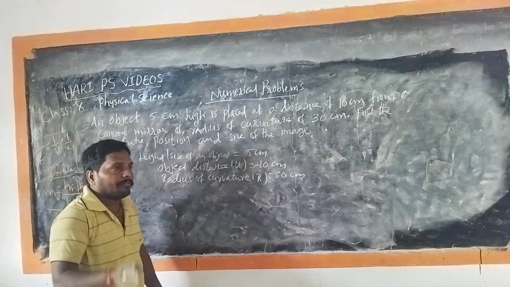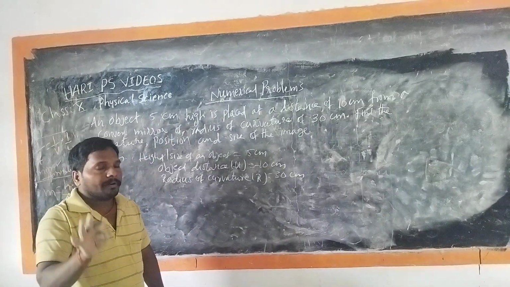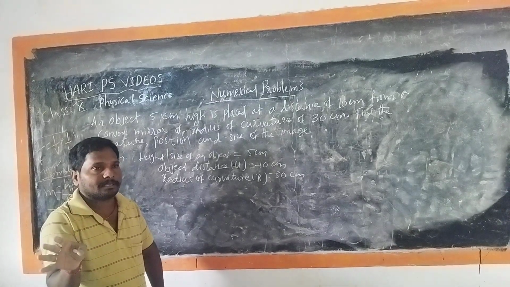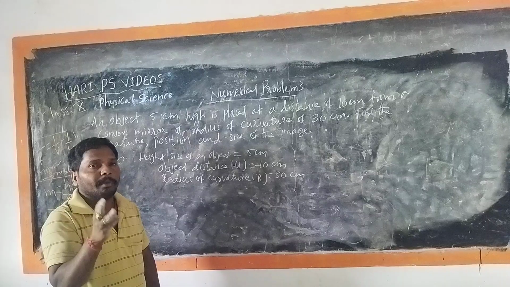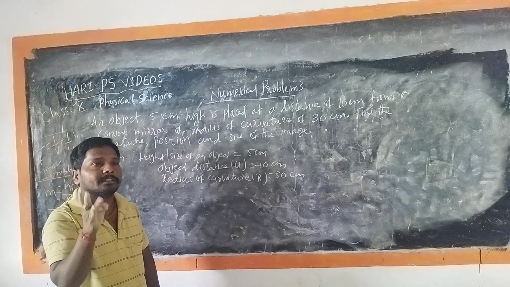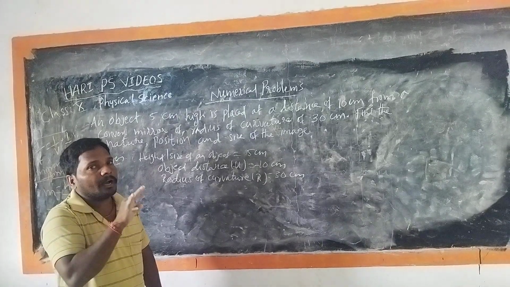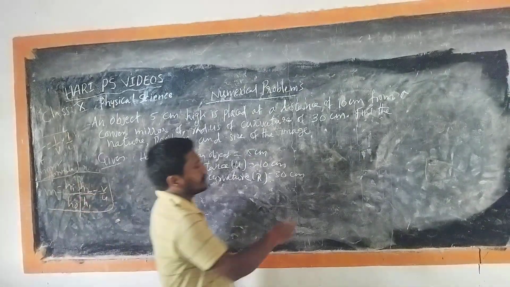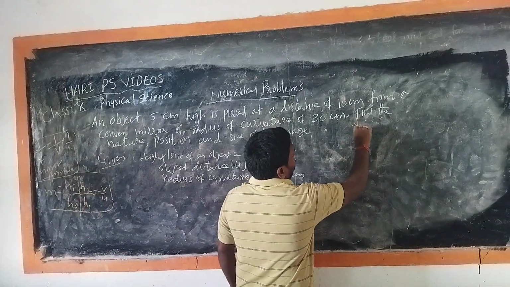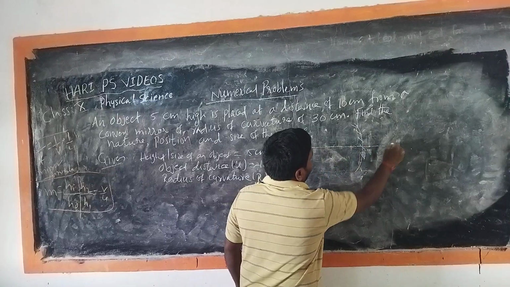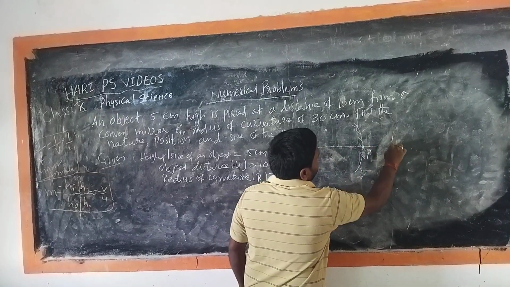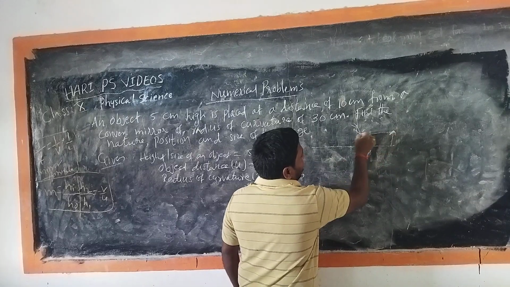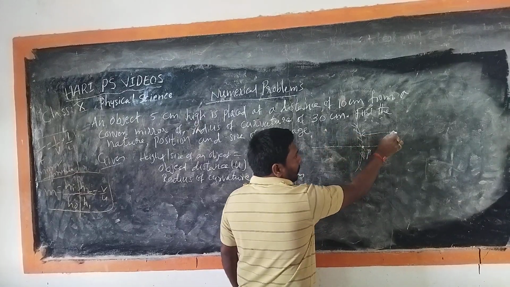Keep in mind, for a convex mirror, only the object distance is negative. The remaining, image distance, focal length and radius of curvature, are all positive. In the case of a convex mirror, this is the pole, and the object is placed on this side. This is opposite to the direction of the light rays, so it is minus.